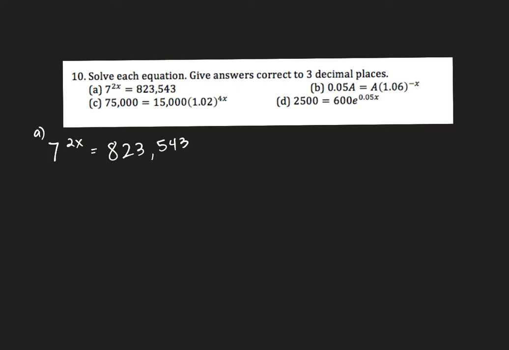So in order to take the inverse of 7 raised to 2x, I would just do log base 7 of this, log base 7 of this. And this would cancel out. So I'll be left with 2x is equal to log base 7 of 823,543.